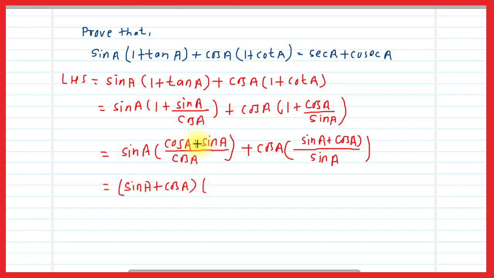This we have taken sin as a common factor, so it will be sin A upon cos A, plus here this we have taken out as a common factor, so here what will remain? Cos A upon sin A. Okay. So which is equal to sin A plus cos A.